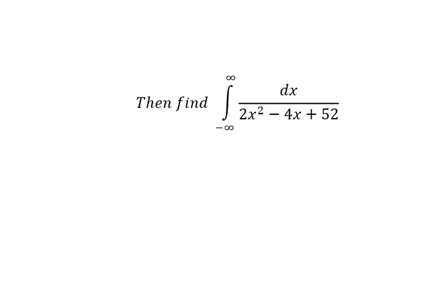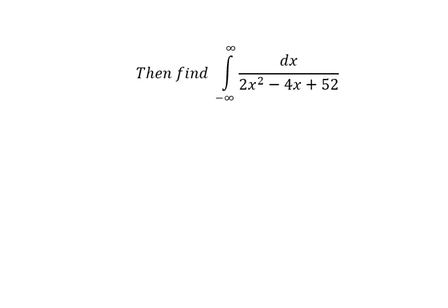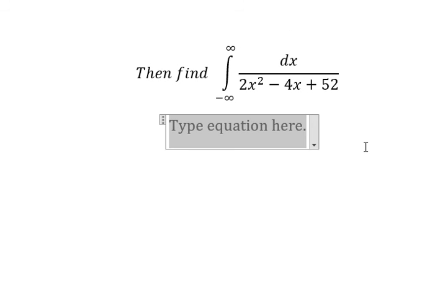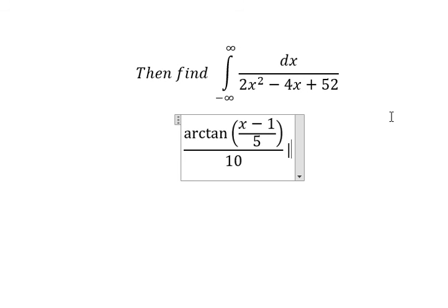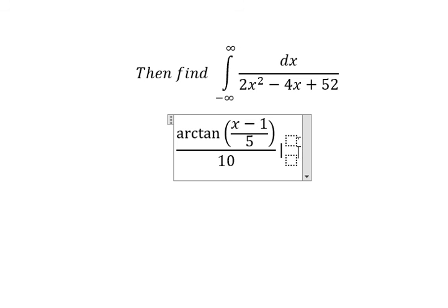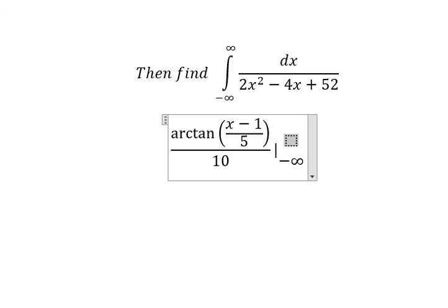Now we go to question number 2. After we find the value in here, we can put the bounds. So we put the bounds here, and this one here, and we have the limit.